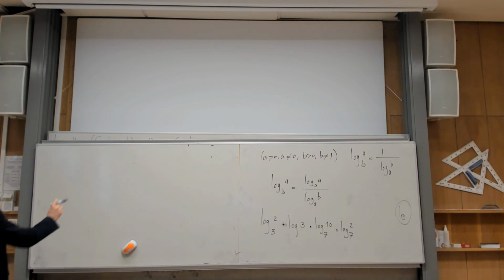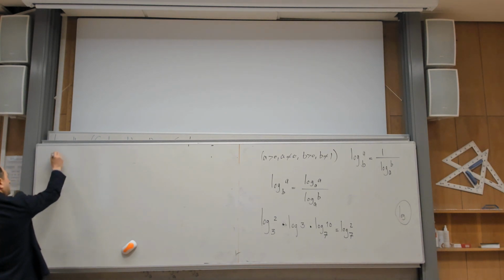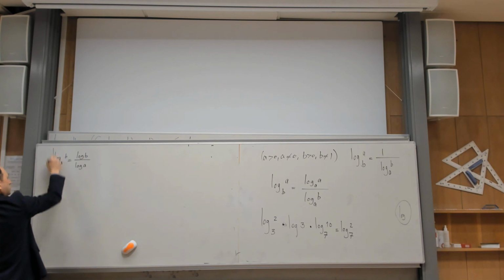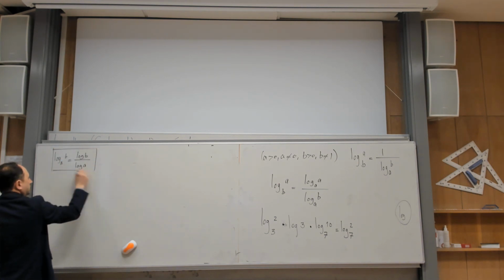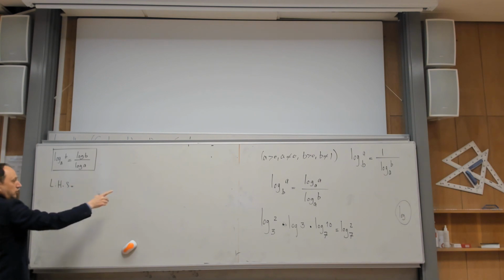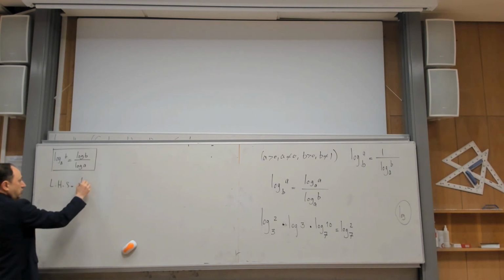So I told you that in the base change formula, it's very good if you go to base 10. This is probably the best and simplest way. But of course, you can go to any other base that you like. So I want you to write this separately somewhere. Then, for example, the left-hand side of that expression, log of 2 base 3, can be written as log of 2 divided by log of 3.